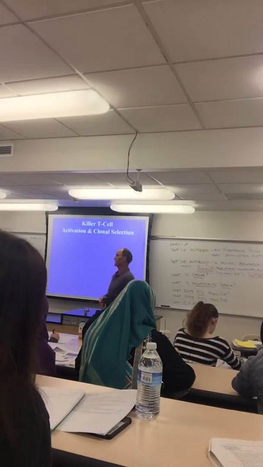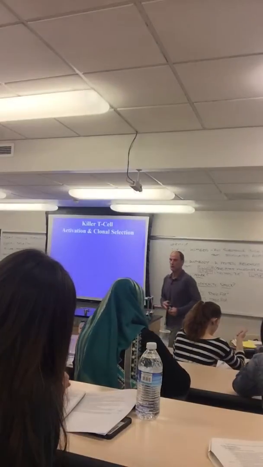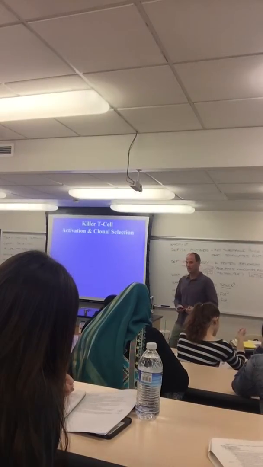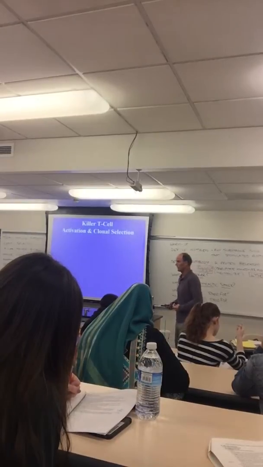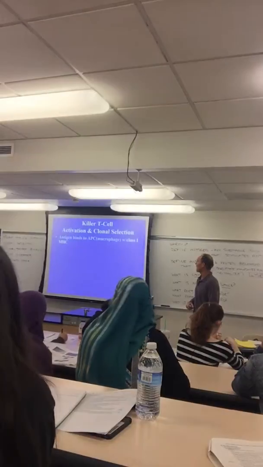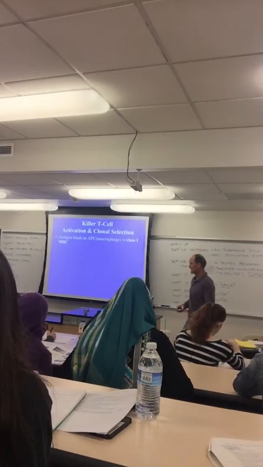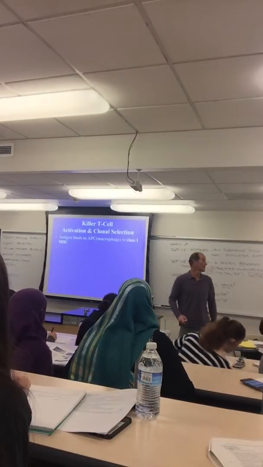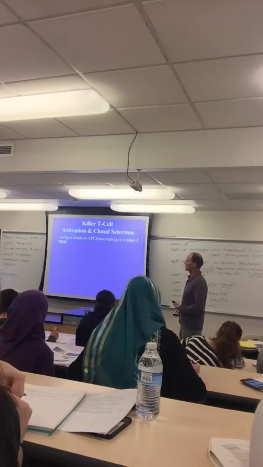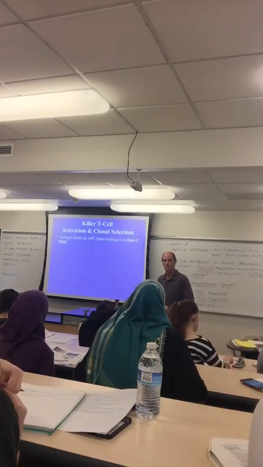So it's going to kill, poison, or destroy somehow the bad guy cells. Now poisoning, it's more like destroying, blowing up. So antigen binds to the APC. Now that's the first thing. So this is the killer T cell. Antigen binds to the APC. What does APC stand for?